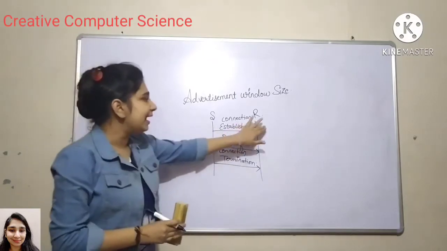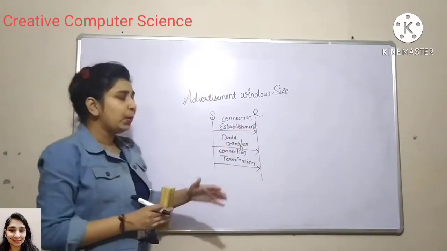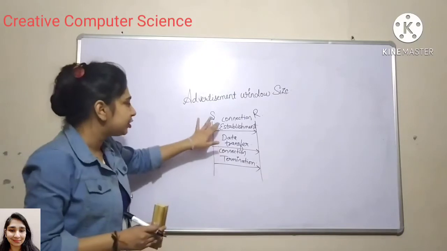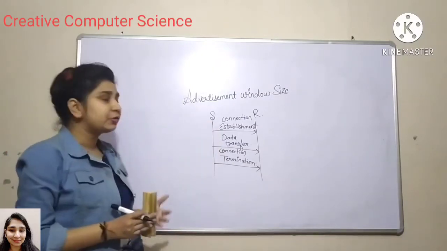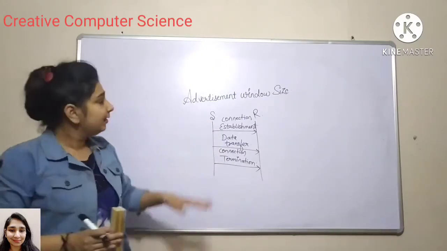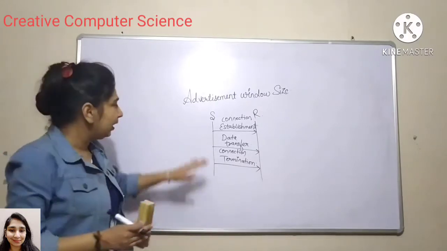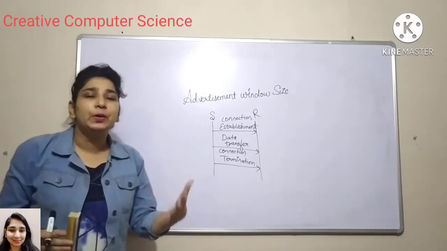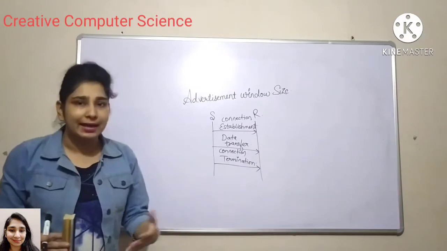So when sender and receiver are going to establish a connection, they are just trying to know each other. What they will do is define the advertisement window size.